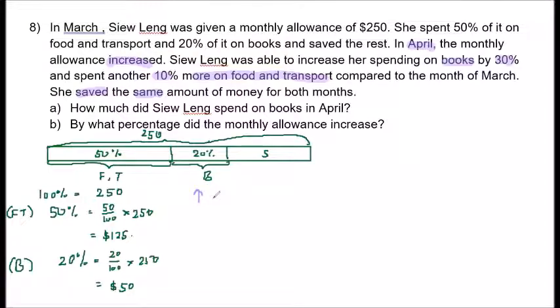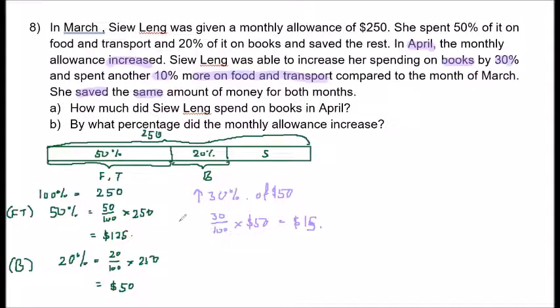The spending on books is increased by 30%, 30% of the books, which is $50. So I want to find out how much more did she spend on her books. So isn't it just 30 over 100 times $50? Okay, so she spent extra $15 on the books.